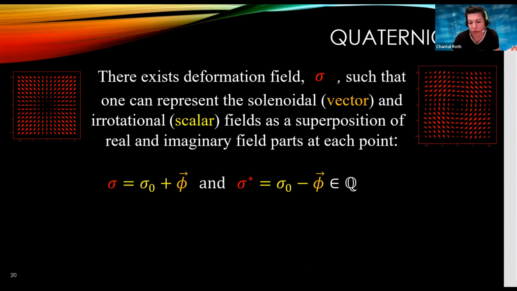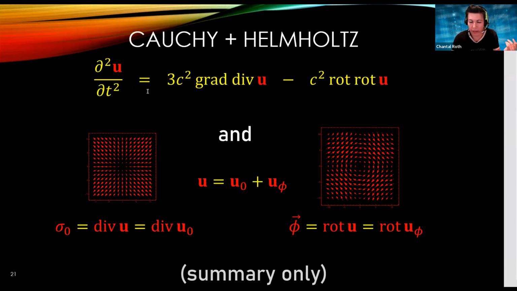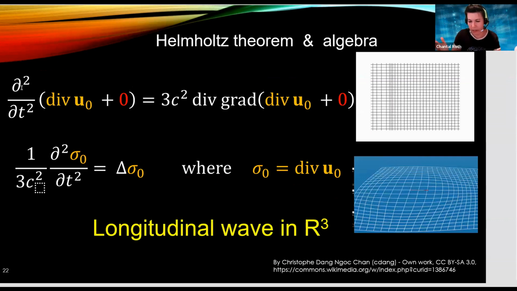And so now all we have to do is combine Cauchy plus Helmholtz. So we just apply the Helmholtz to the Cauchy equation. And again, I won't show all the steps because you can see this from the 2021 video and in the papers. When you do this, it's very easy, really. You immediately get the longitudinal waves.